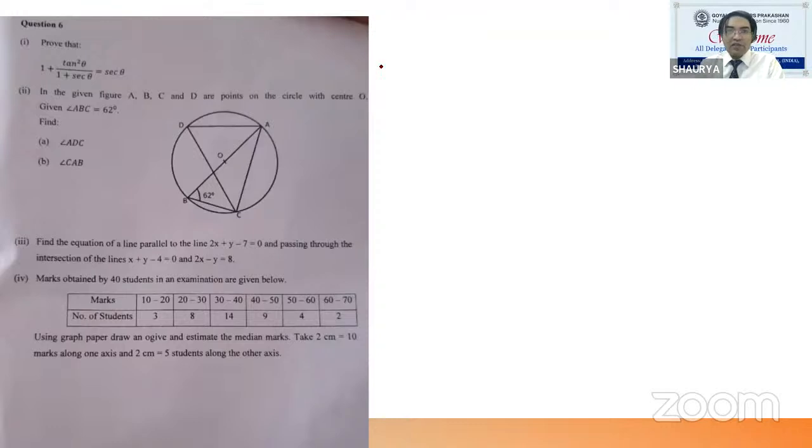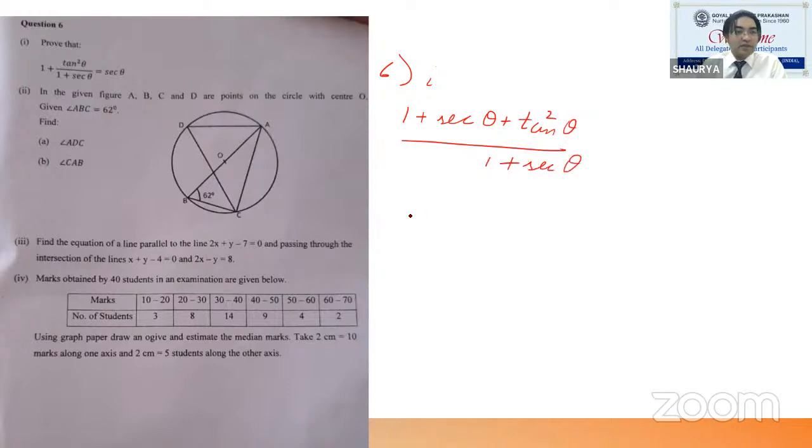Now my last question, question 6, part 1 is again a trigonometric identity. Again, we can take the LCM, 1 plus sec theta plus tan square theta whole divided by 1 plus sec theta. Okay.